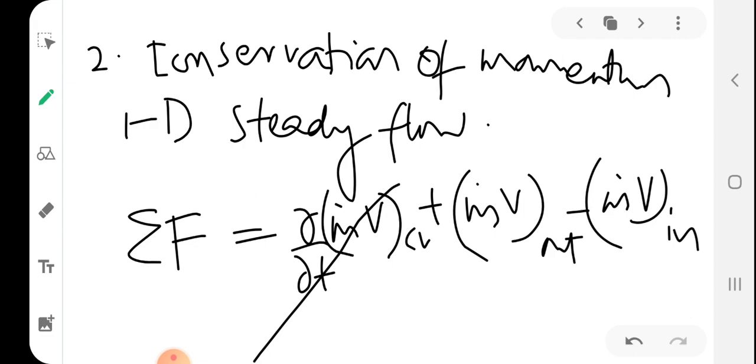Any term which has dou by dou t as the differential can be considered as 0 because it is steady flow, so no parameter changes with respect to time. Every parameter which depends upon time will be taken as 0 if the flow is considered steady. So sigma f equal to m dot v out minus m dot v in. That is the equation for one-dimensional steady frictionless flow. So actually here there is no friction also.